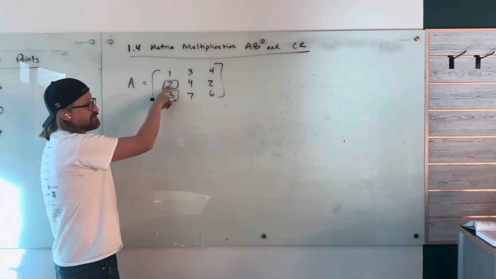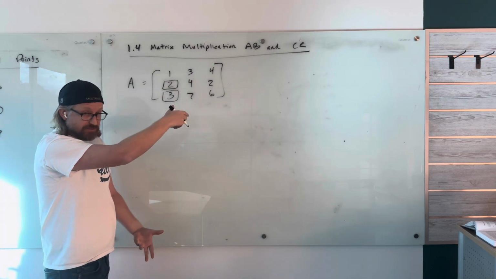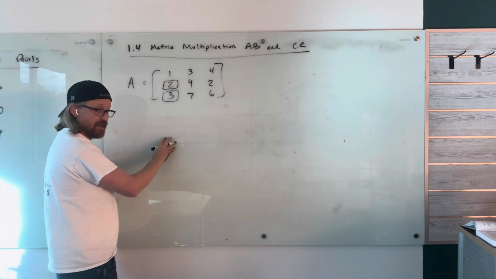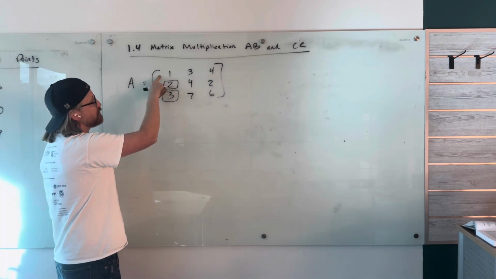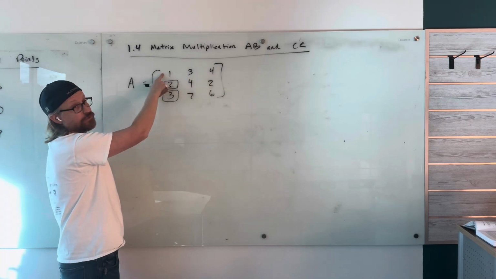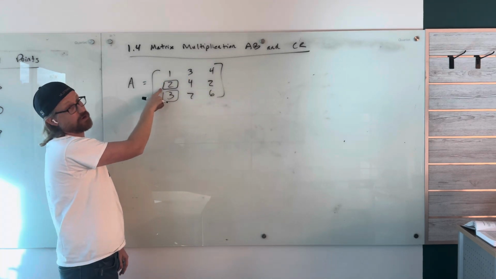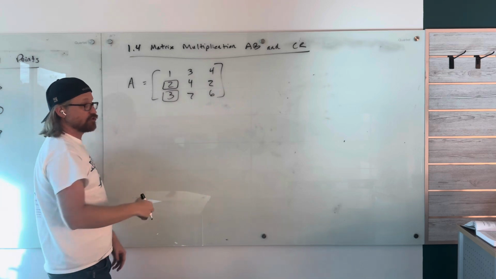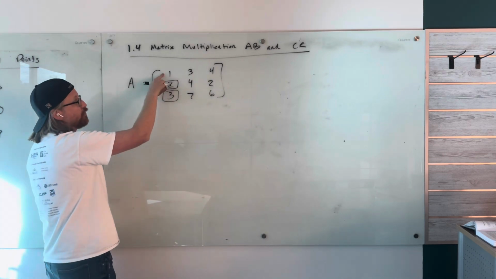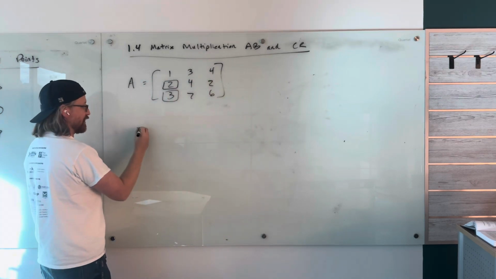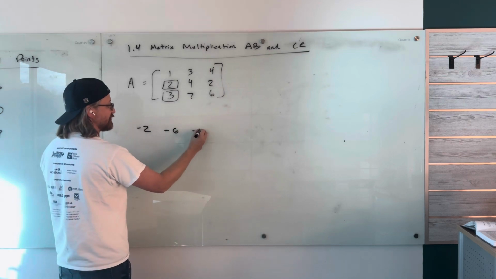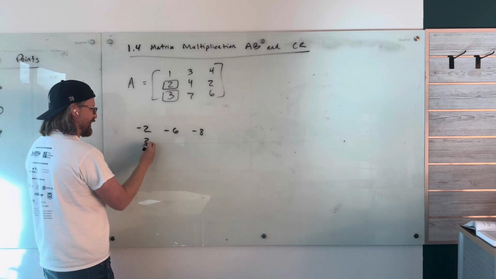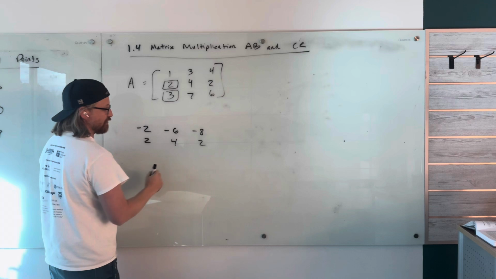Now, to get this to be a 0, to eliminate that x, because remember this was that x column that I had written earlier, I can multiply the first row by -2 and then add to it the second row. So just to do that intermediate step, if I multiply this top row by -2, I would get -2, -6, and -8. And I would add to this the second row.